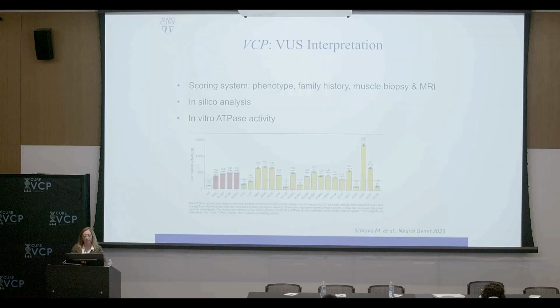Dr. Diaz-Manera published this interesting article proposing a scoring system where phenotype, family history, muscle biopsy, and MRI would be considered in addition to in silico analysis and ATPase activity. However, sometimes if a patient does not have a myopathy, we may be in trouble interpreting the VUS.